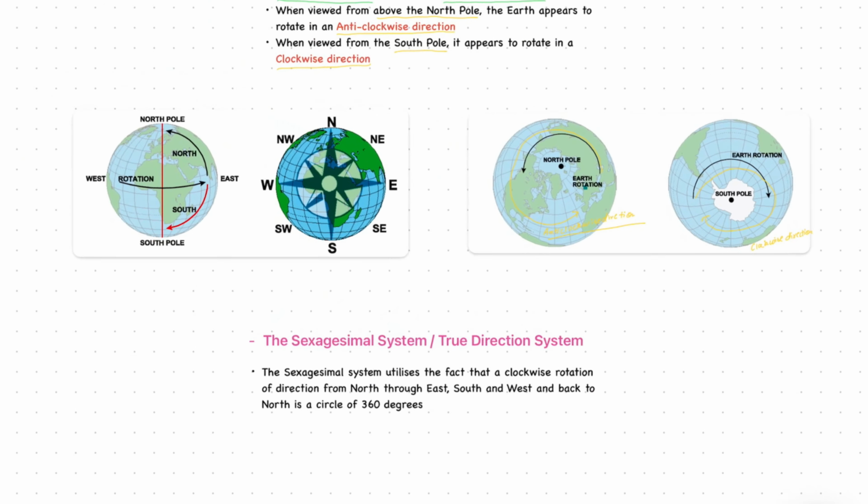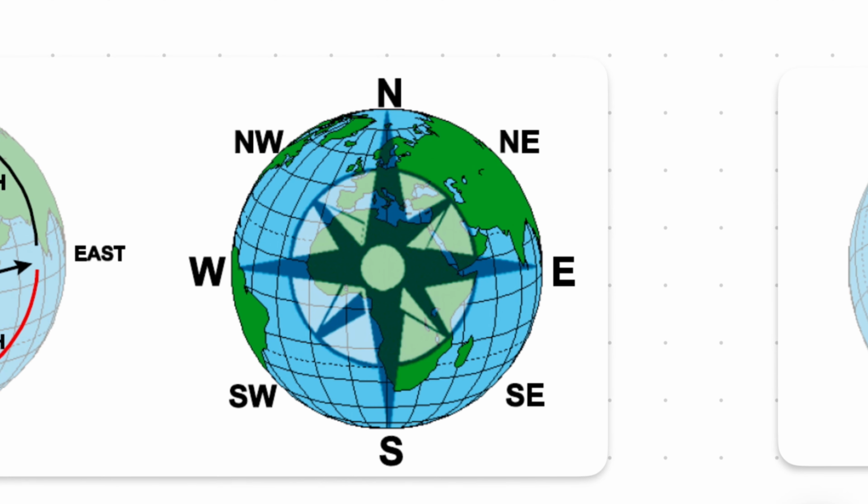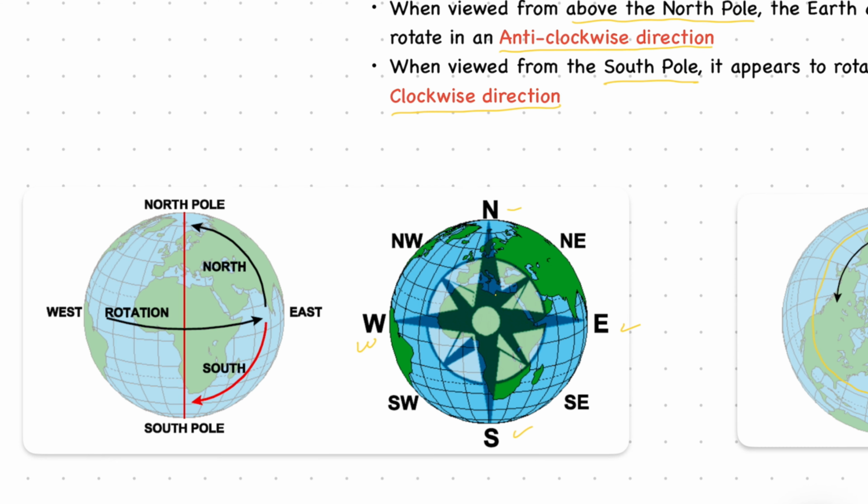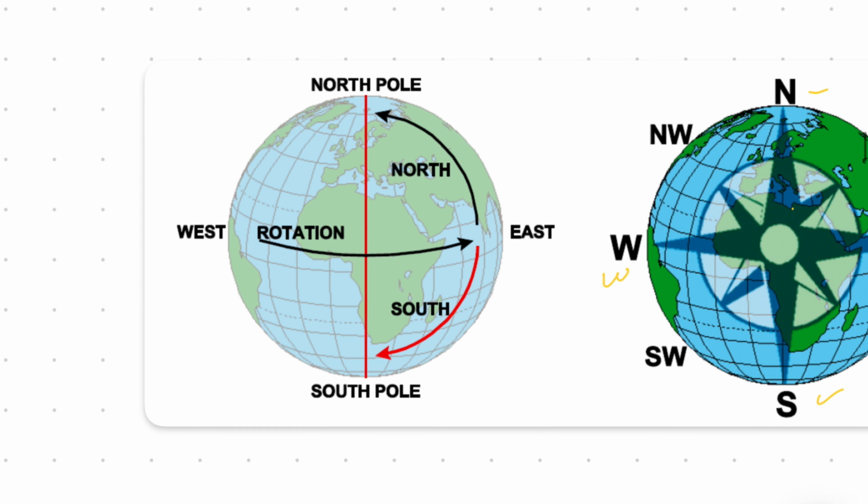And these directions I have already told you: north, south, east, west. When we look like this, Earth is rotating in this direction, towards east, because Earth is rotating in the east direction and the Sun also comes from there.